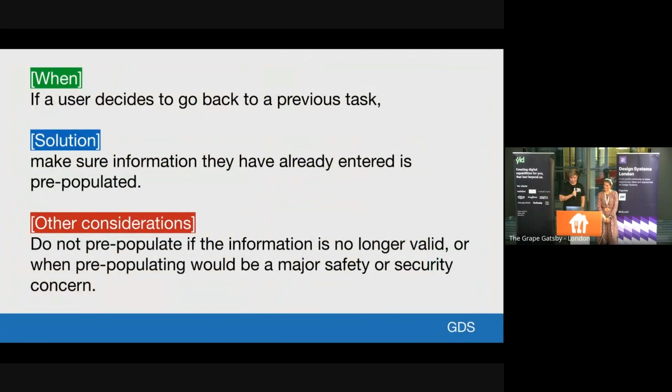So here's an example of a message that we gave on our back link component, where we're basically saying if a user decides to go to a previous task, make sure information they've already entered is pre-populated, and then making sure that we're not superseding any more important advice, instructing them to not pre-populate if the information is no longer valid or when pre-populating would be a major safety or security concern.